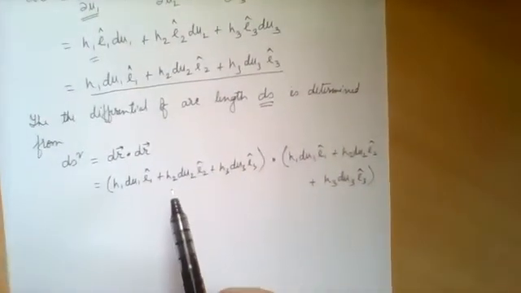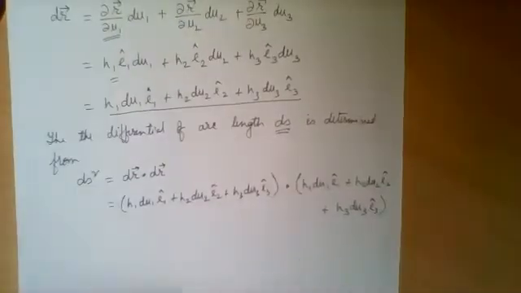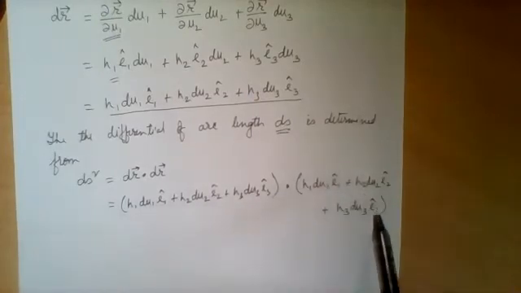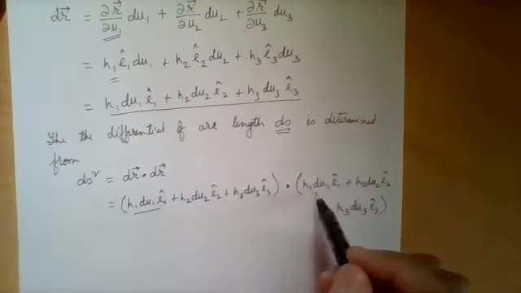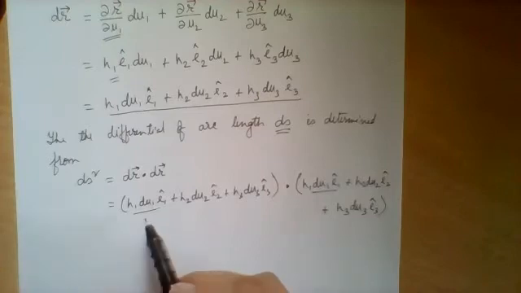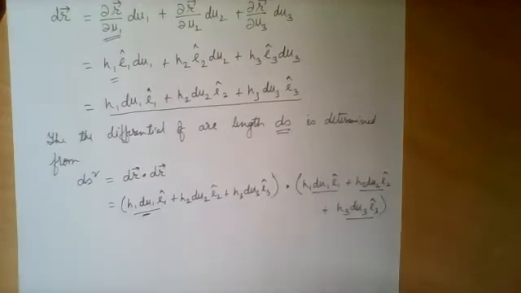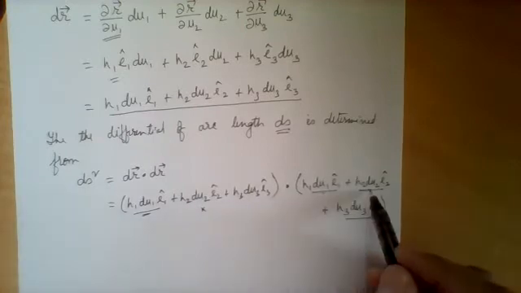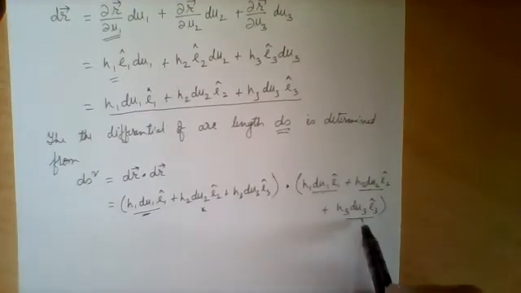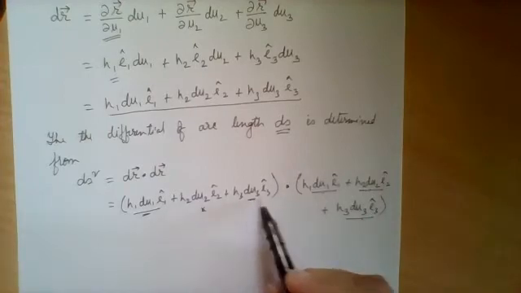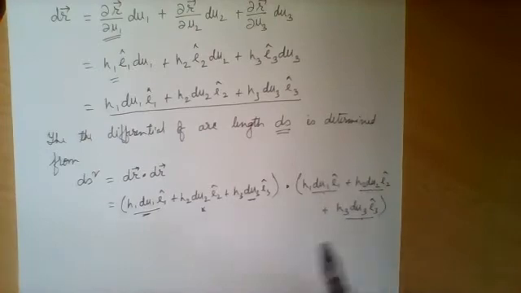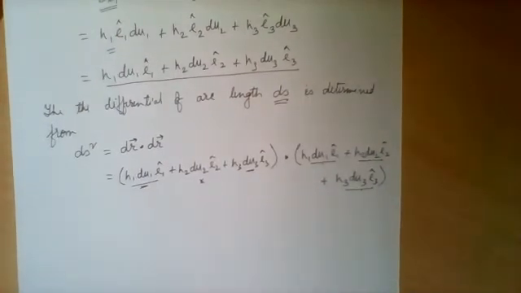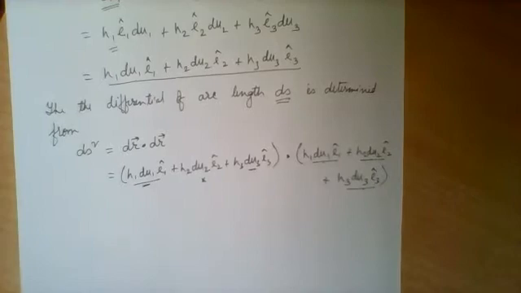So I have three terms dotted with three terms. In the dot product I get nine terms: three terms for the first, another three for the second, and another three for the third, nine terms in total.